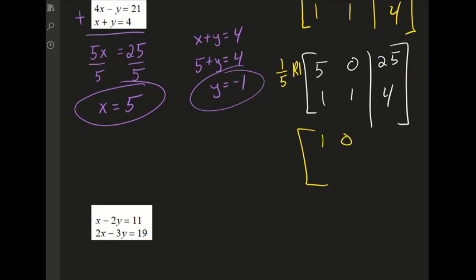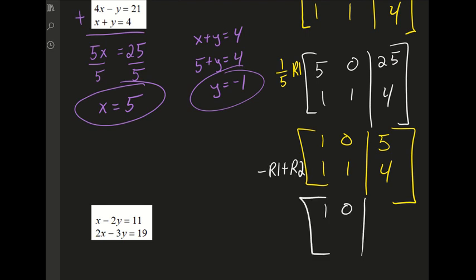We have 1, 0, 5, and then still 1, 1, 4. To finish this out, all we do is negative row 1 plus row 2. All right, so that is this matrix in reduced row echelon form.